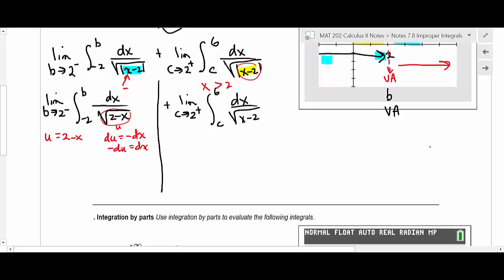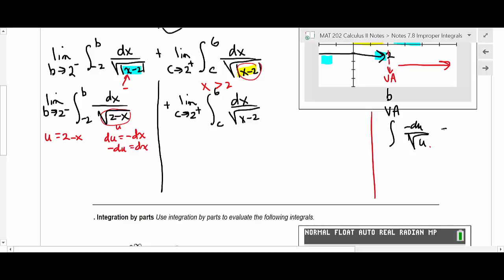Since this is a pretty simple integral, I'm just going to work it out on scratch paper over here. I'm not going to do anything with the limits, although you can if you want to. So the integral of dx becomes negative du, and then we would have the square root of u.